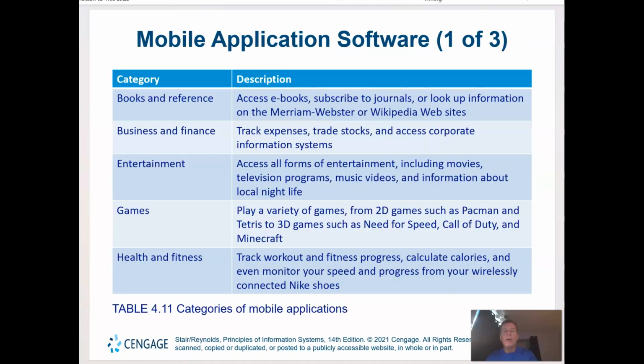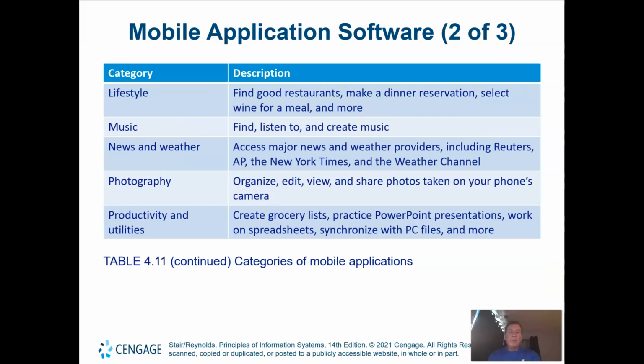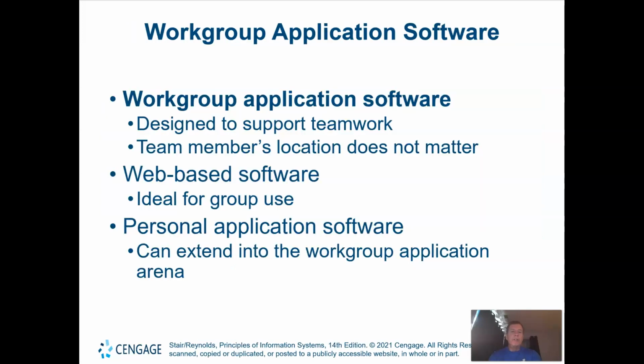There are mobile apps, which are different in computing power, function, and coding from your regular apps. We have books online, games, health and fitness, etc. I use them regularly. There are many examples here of mobile applications. You could pause and take a look yourself.